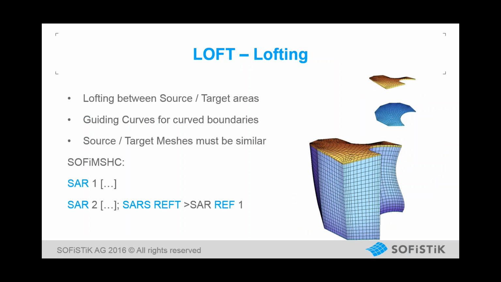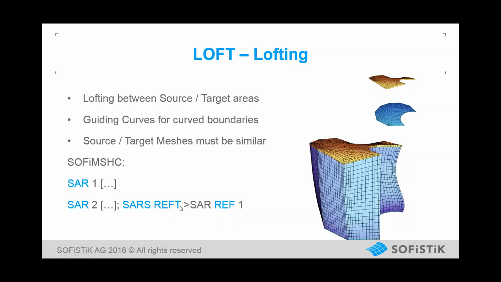And the condition in order to use lofting is that the source and the target areas must be meshed with a similar mesh. And by similar in this context, I mean a topologically equal mesh. This can be achieved in SOFiMSHA by making a reference to another area.